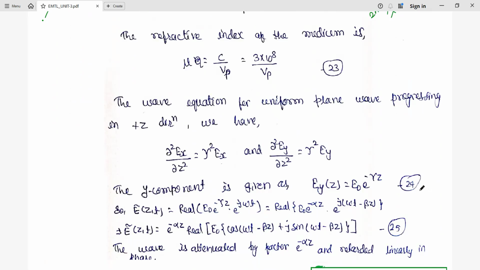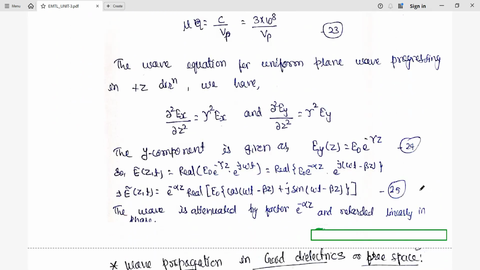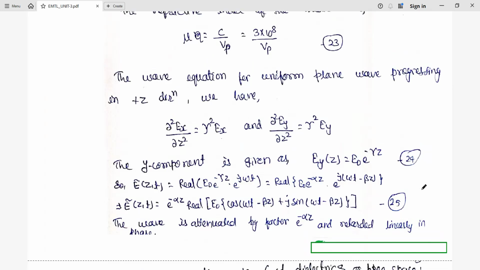So this Y component is given here as, finally in this situation, Ey of z equals E naught e to the power minus gamma z. So this gamma is what? Alpha plus j beta. Okay.